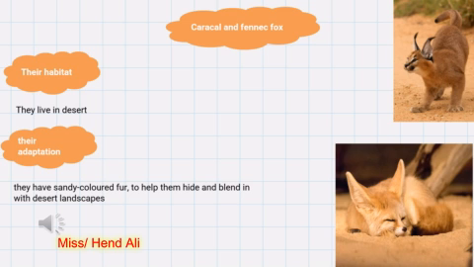What is the main purpose of that? To help them hide and blend in with the desert. So the color of the caracal and fennec fox is sandy colored fur, to help them hide and blend in with the desert.